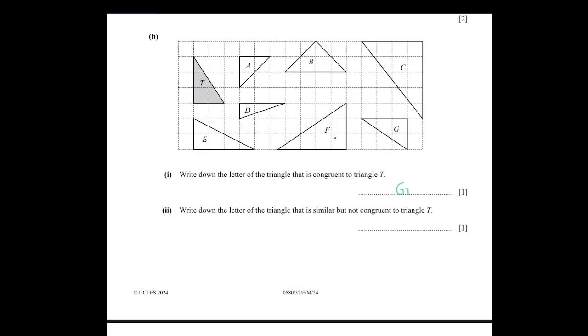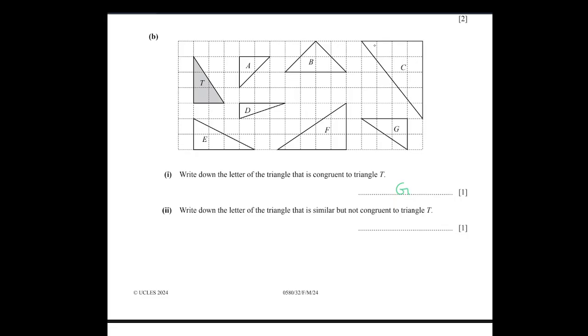It cannot be. When you see this F triangle, it is 3:1, 2, 3, 4, 4 and a half, and 3 is to 4.5 cannot be simplified to 2 is to 3. No, they are not correct.